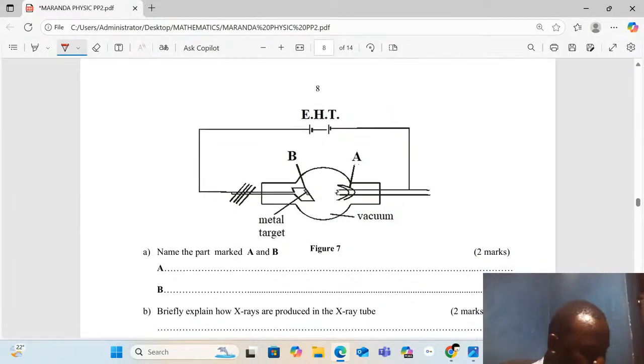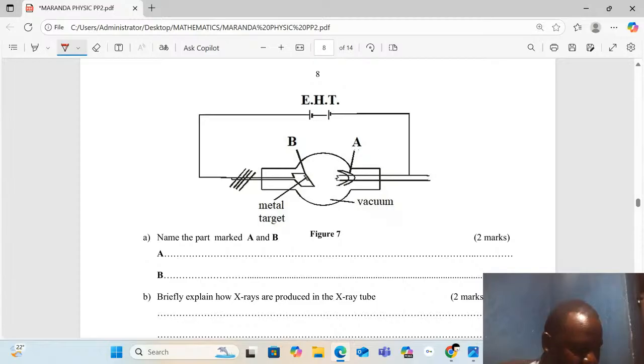You are told to name the parts marked A and B. You can see A is C-shaped, and there is a reason it is in that manner. Then we have part B, where we can see a metal target attached.